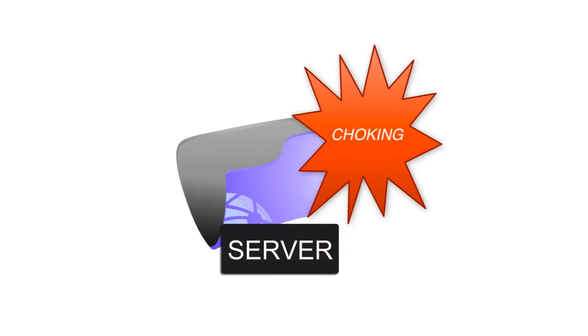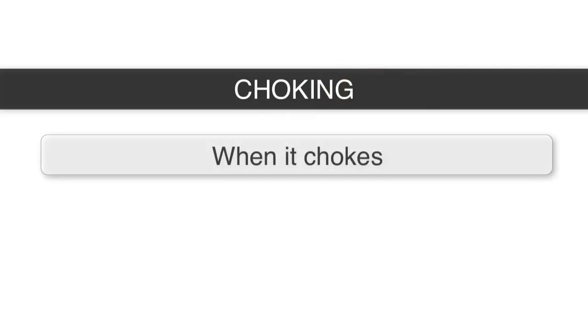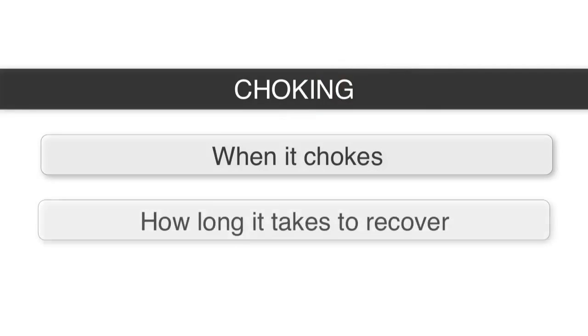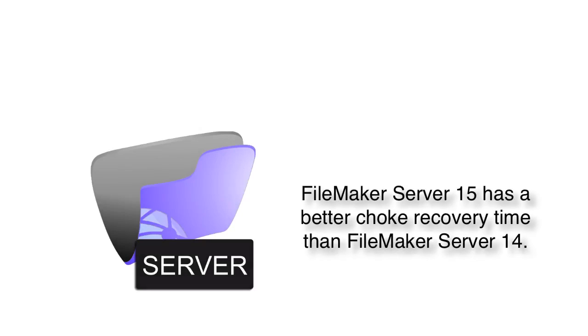And there are two parts to choking. The first is when it chokes. The second part is how long it takes to sort itself out and get going again. And the impression we have from the testing we've done is that 15 is more able in that area, so that by sorting out things more quickly, if it is ever pushed to the limit, you're going to see it coming back up again significantly more quickly.